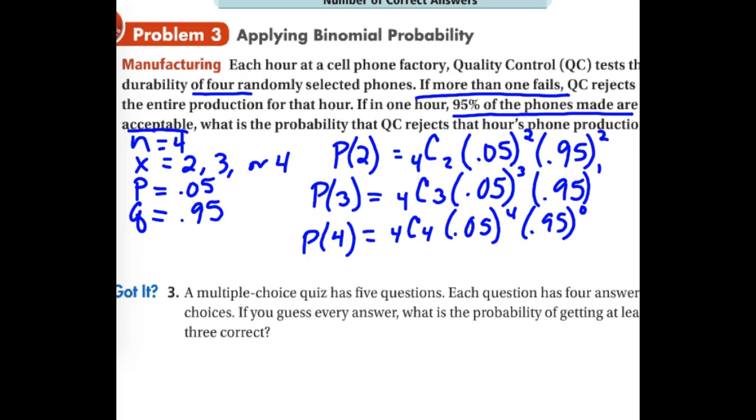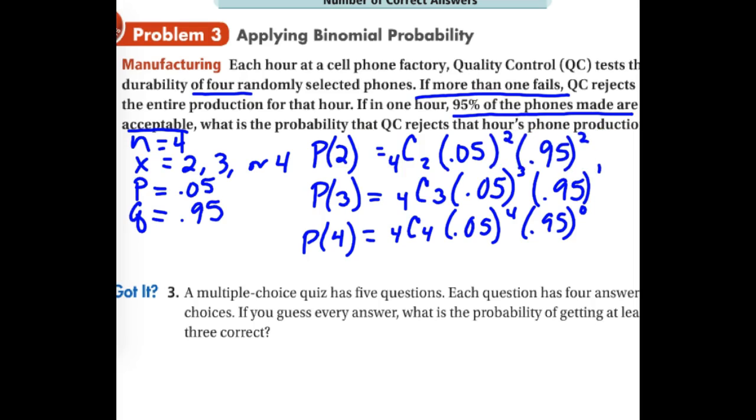All right, so we have our decimals calculated. What do we get for this first one? Leave it in decimals for just a sec. 0.0135.